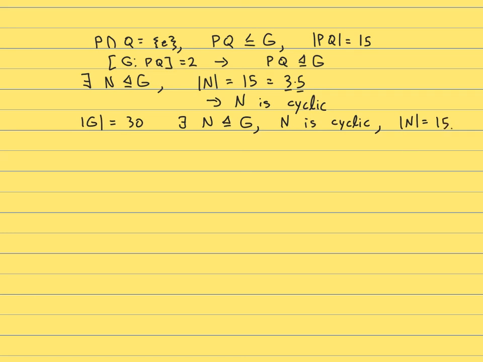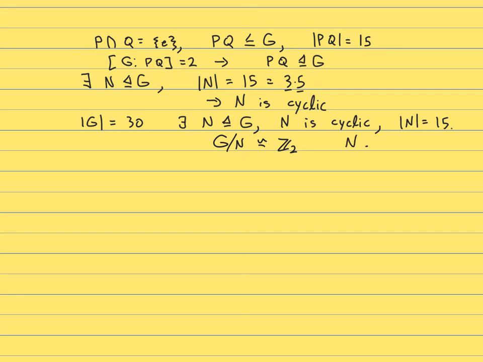So this tells you the power of these types of theorems. I mean, if you wanted to classify all the groups of order 30 up to isomorphism, you now are halfway there. You know that there must be a cyclic group, and you know that the quotient is obviously Z2.